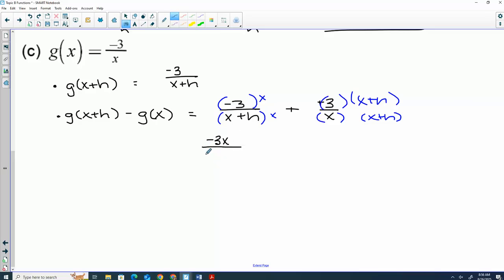Over, we could multiply out the bottom. I'm just going to leave it as x times x plus h. Plus 3x plus 3h over x times x plus h.